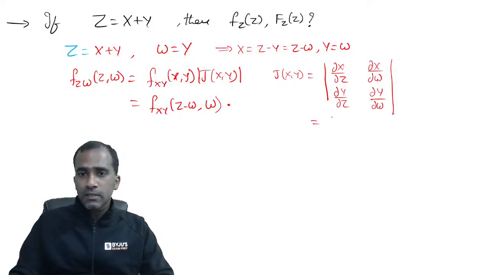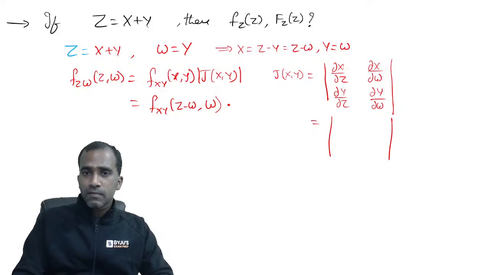Let's see that here. When x is expressed in terms of z and w, x is z minus w and y is w. Differentiating z minus w with respect to z, partially, it becomes 1 minus 0. Partially differentiating with respect to w, it becomes minus 1.